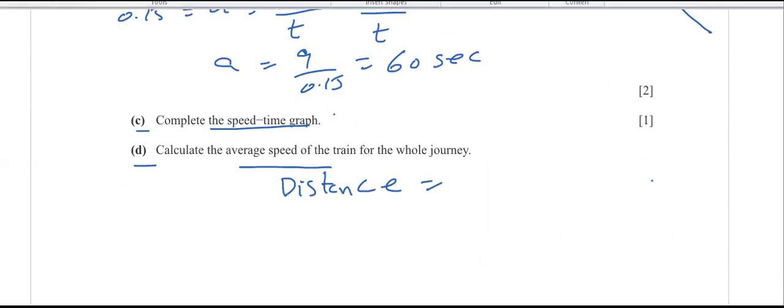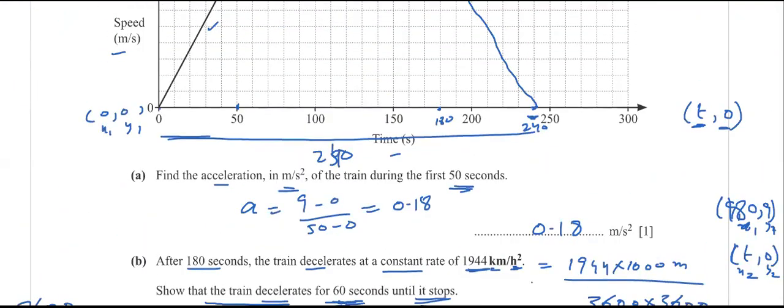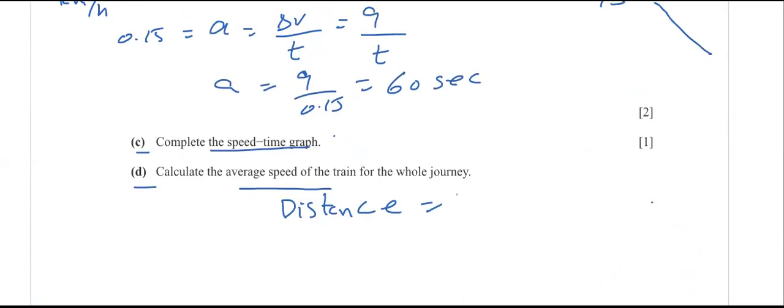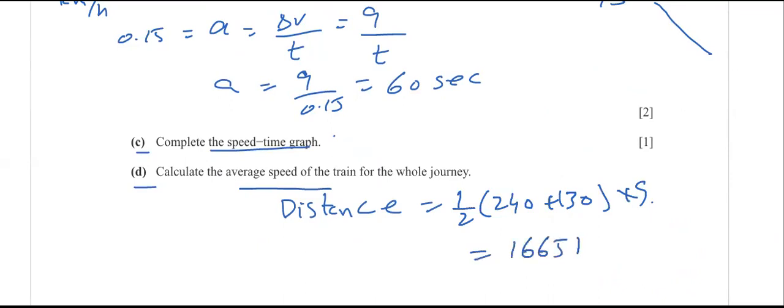This parallel side will be 240 and this one will be 130. So I should write here 1/2 multiplied by 240 plus 130 multiplied by 9. And the time duration is 240 seconds. So it will be 0.5 multiplied by 370 multiplied by 9, which is 1665 meters. And time taken is 240 seconds.